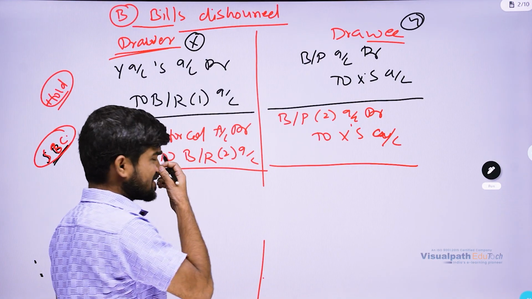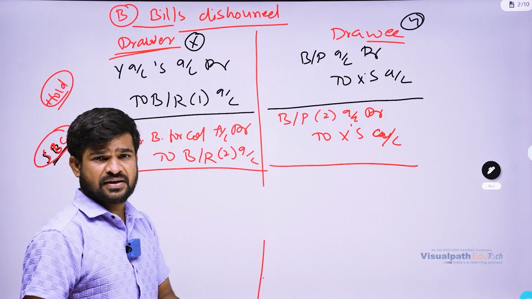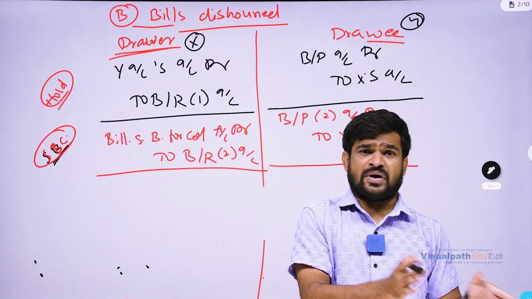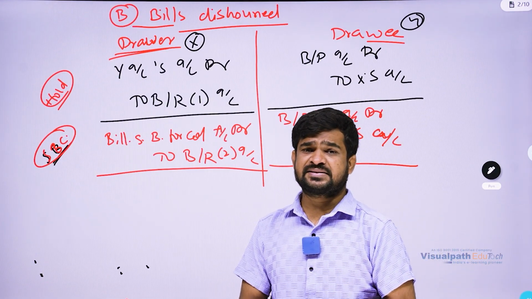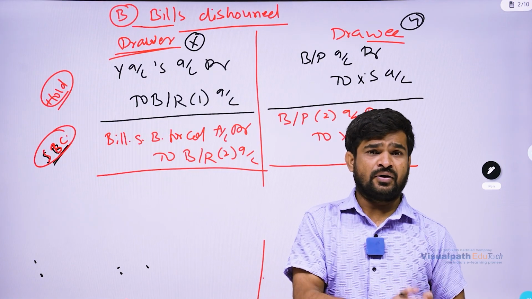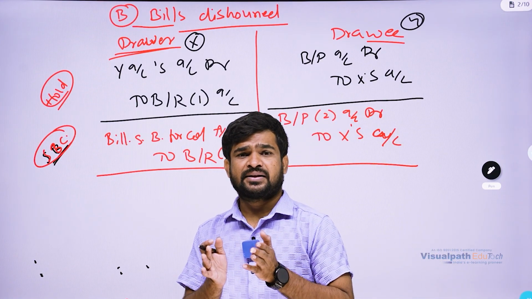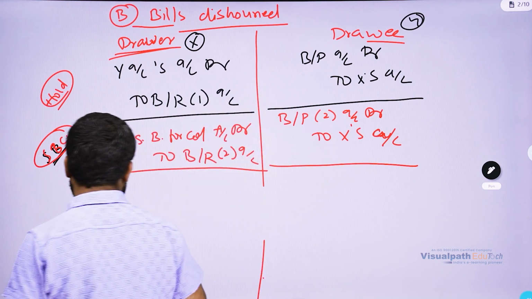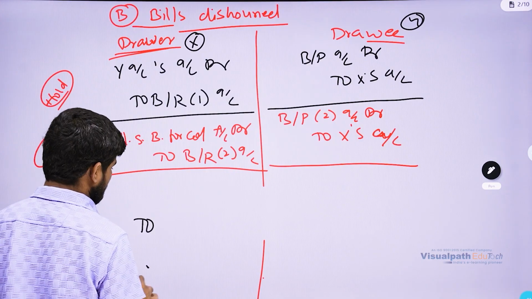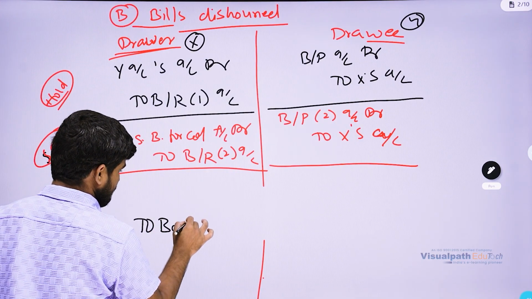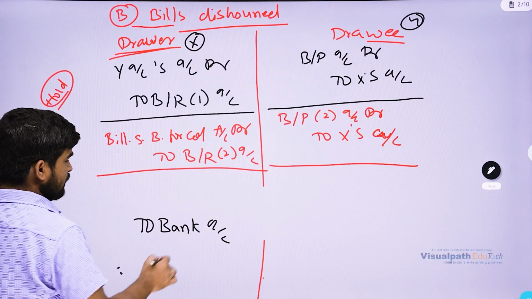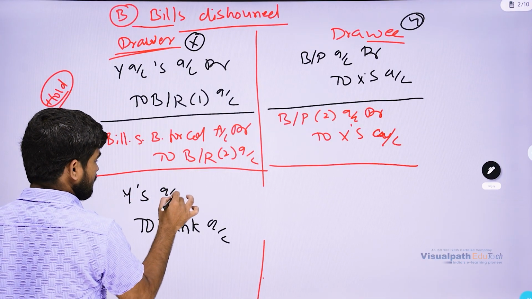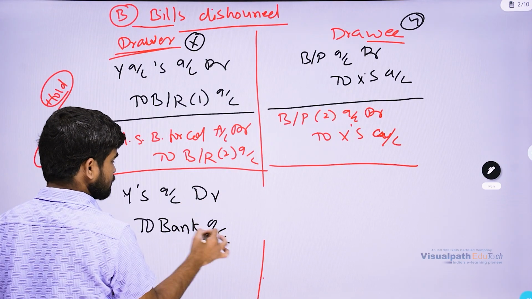Third case, when the bill was discounted with the bank. The bill value is 3000, discounted at 6%, which means 180 rupees. After discounting, when the bill is dishonored, the bank will take back the amount from your bank account.